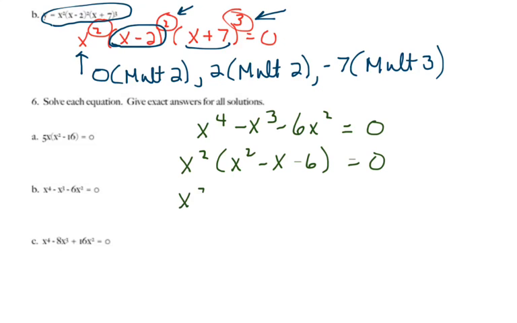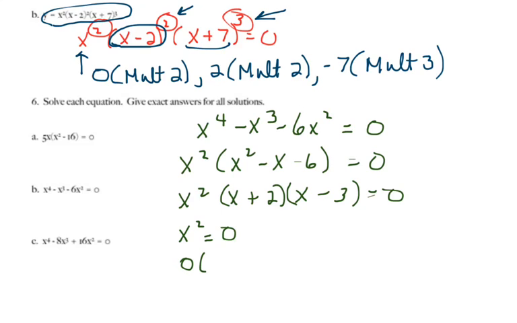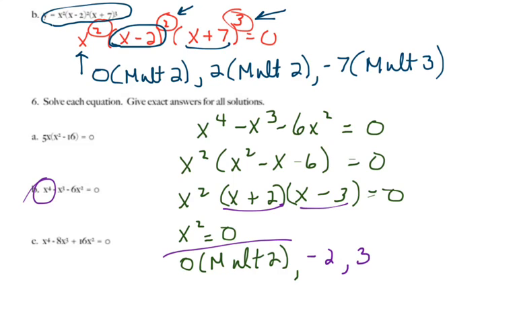I check to see if I can factor this quadratic any further. And I can. And now I set each factor equal to 0. Notice that exponent causing multiplicity. What makes x plus 2 equal 0? Negative 2. What makes x minus 3 equal 0? 3. It was an x to the fourth equation. I ended up with 4 answers. 0, negative 2, and 3, but 0 counts twice.